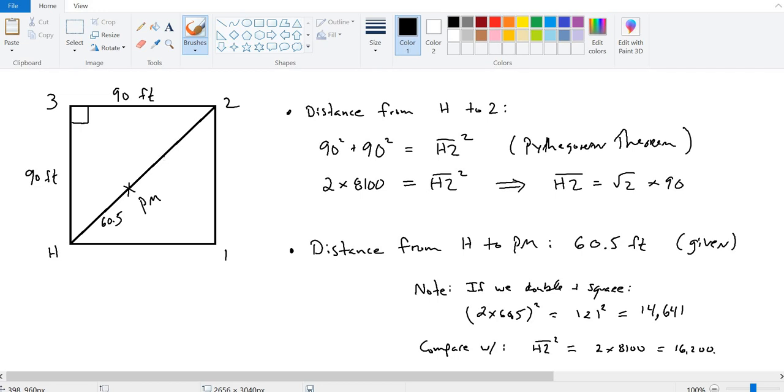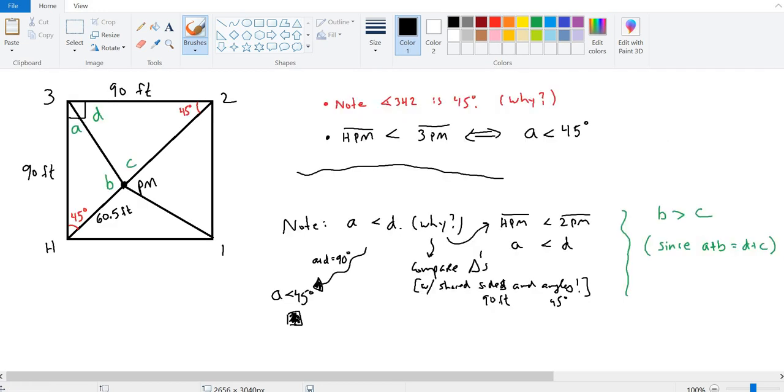Okay, so here we go. Now let's draw in some triangles. One thing to note is that because that diagonal cuts the square into two congruent triangles, that 90-degree angle is bisected, and so the angle from third to home to the pitcher's mound is 45, and similarly the angle from third to second to the pitcher's mound is also 45 degrees.